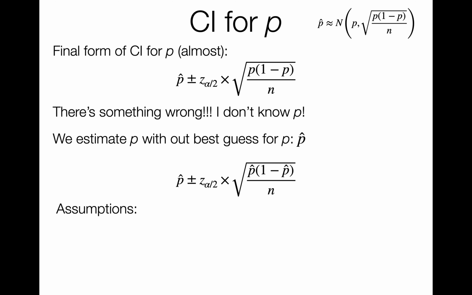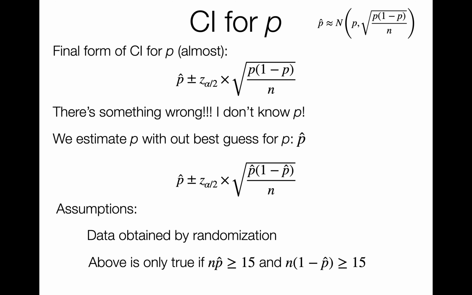And these are the assumptions that we need when creating a confidence interval for p: one, the data that we got was obtained by randomization, hopefully by taking a random sample of some size, and two, that n times p hat and n times 1 minus p hat are both greater than or equal to 15. Notice again that I had to change p to p hat.